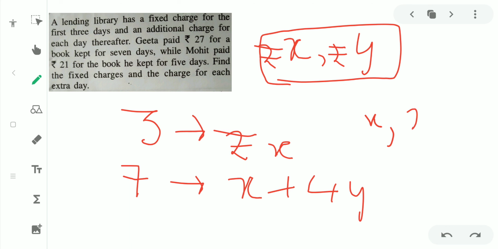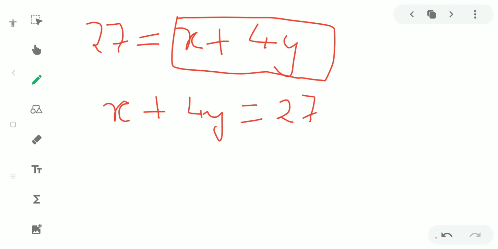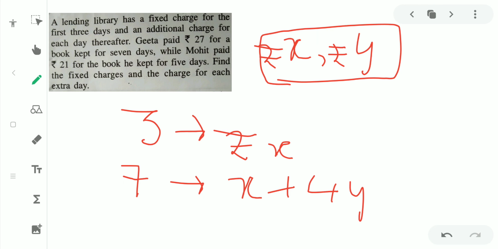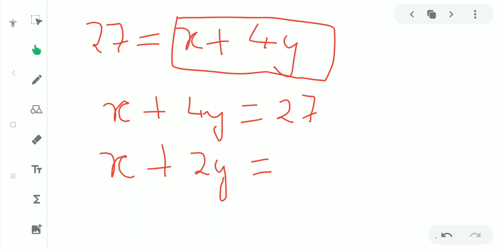So we will get x plus 2y, which is equal to the cost charged, rupees 21. The cost is 21, that is charged on all 5 days. So now we got our first equation as well as the second equation.